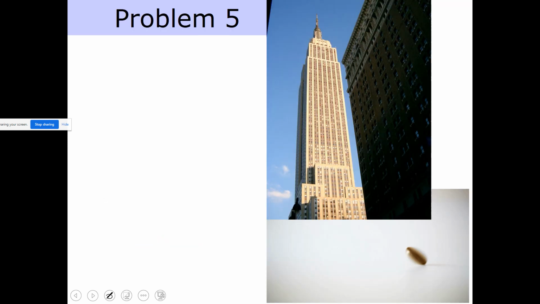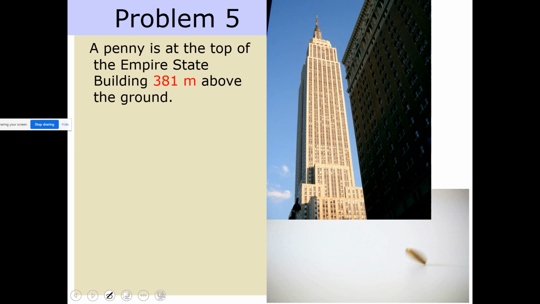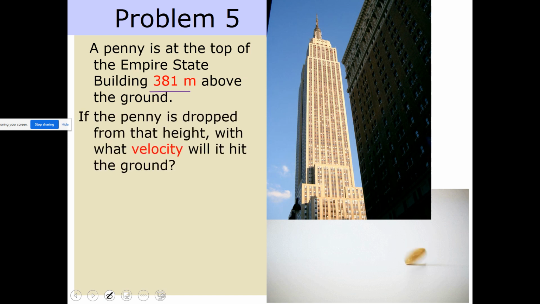Okay, second to the last problem. Let's say you're on the top of the Empire State Building and you drop a penny. The Empire State Building has a height of 381 meters. Question: if the penny is dropped, what will its velocity be?